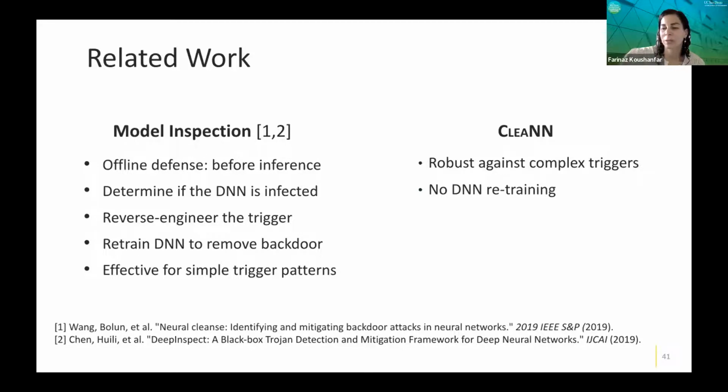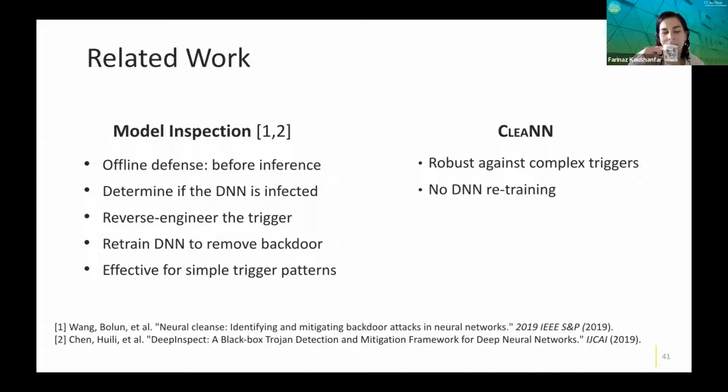So in order to make this intensive process less intensive and use our resources better, CLEAN also has a hardware accelerator. Most of the model inspection work before CLEAN were offline defenses, which were before inference. They would determine if this DNN is infected by trying to reverse engineer the trigger, and I think DeepInspect belongs to that category.